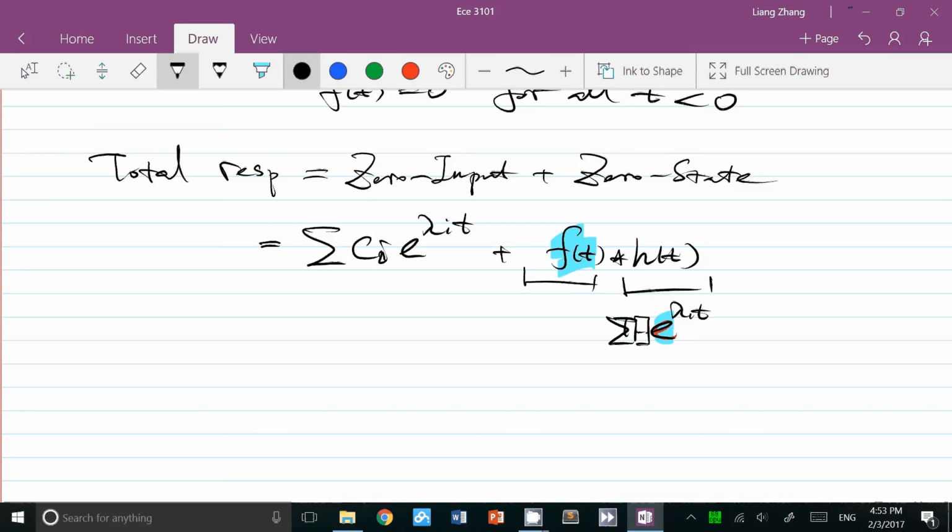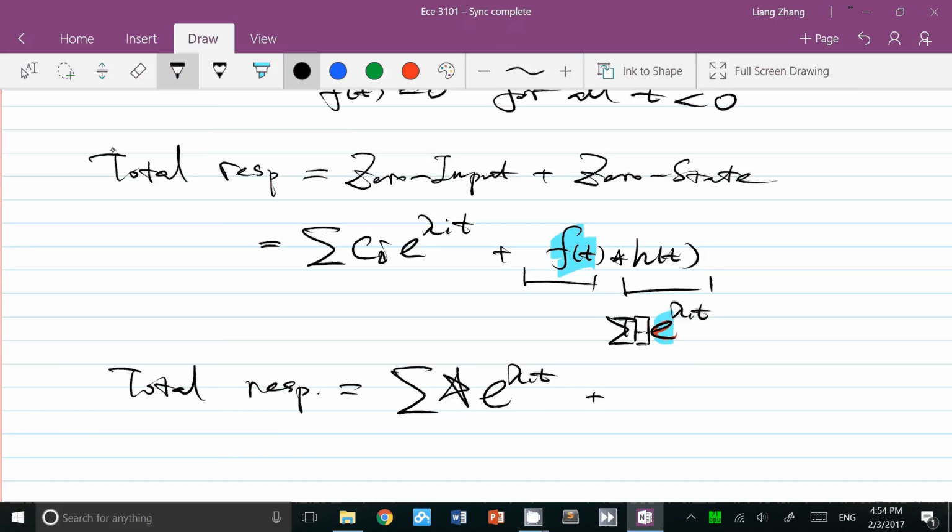So there comes another way to organize the terms. We can sum up all these e to the lambda i t's, of course with some undetermined coefficients, and there are some additional terms, like the e to the negative 3t in our example.